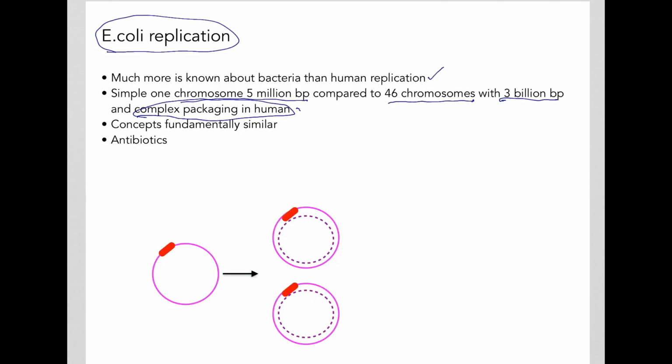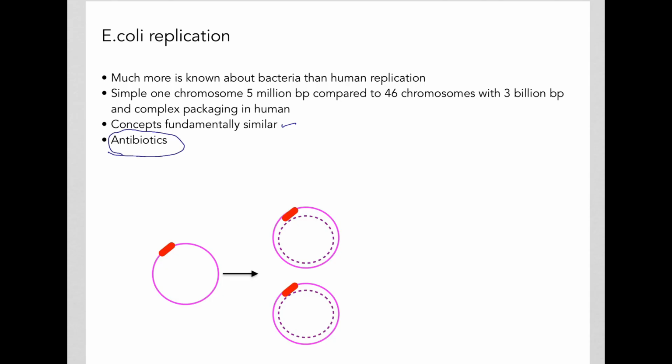So it's very challenging to study human DNA replication compared to E. coli. But fortunately, a lot of concepts that we see in E. coli about DNA replication are quite similar to what we see in humans. So understanding E. coli replication not only will help us better understand replication in human cells, but it also has another important advantage, and that is in the field of medicine.